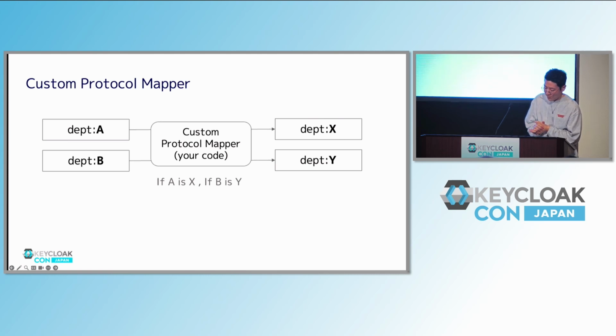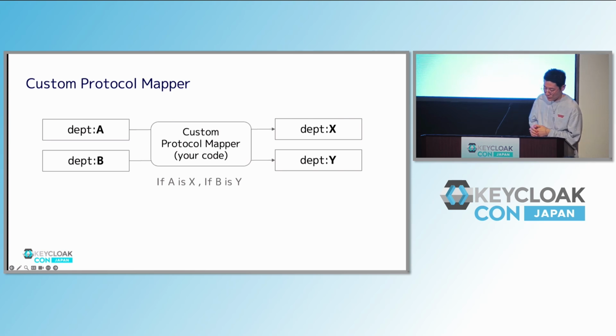So protocol mapper is a built-in feature that can typically be configured through the Keycloak GUI. However, if you need more advanced control, such as converting an attribute value, you'll need to implement a custom mapper.